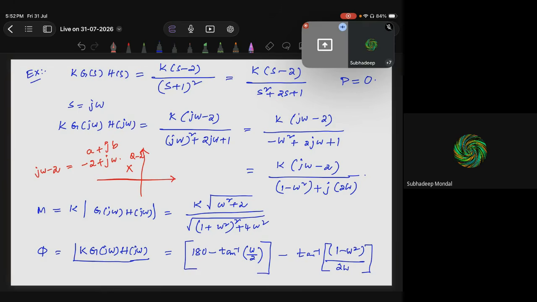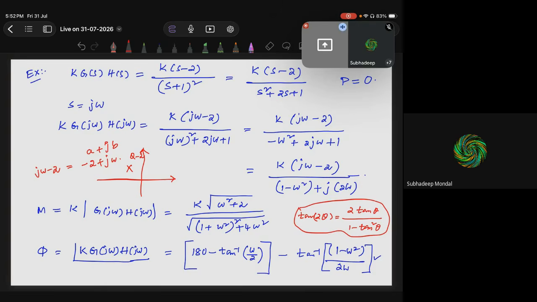Okay. So if you see this one, what is tan 2θ? That is nothing but 2 tan θ divided by 1 minus tan² θ. Am I correct? Right?